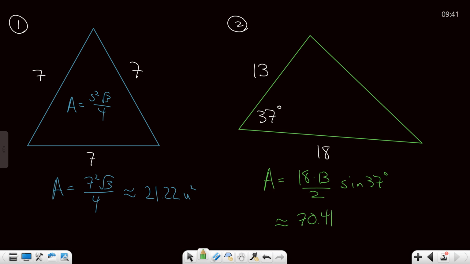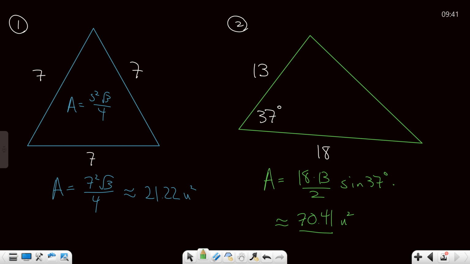Yeah. Units? Units squared. Good. Do not just give me answers. I want to see setups, where they came from.